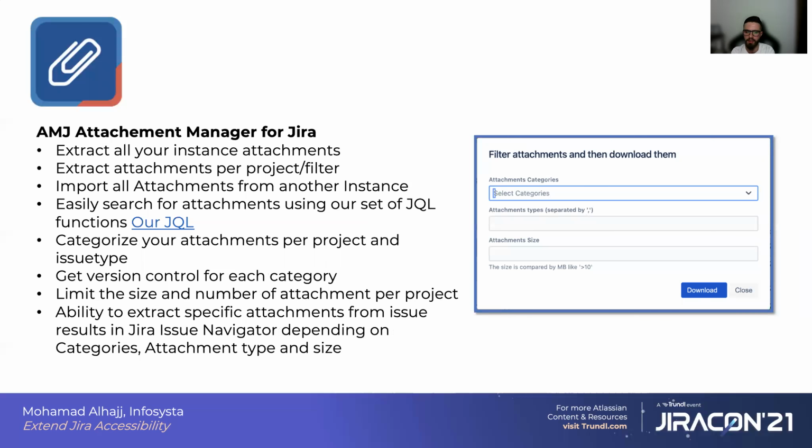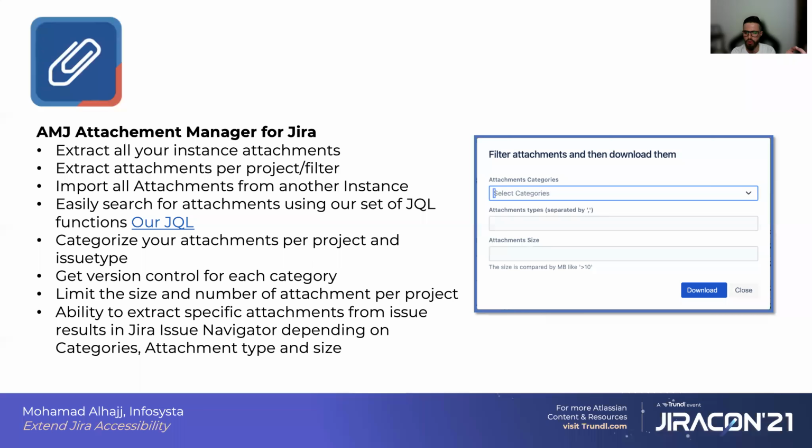You only need the XD type. You can't do that with the built-in JQLs, but you can do that through Attachment Manager for Jira, where you can specify the type of attachment, the size of attachments, and different kinds of JQLs that are available in our documentation. You can even categorize attachments per project.